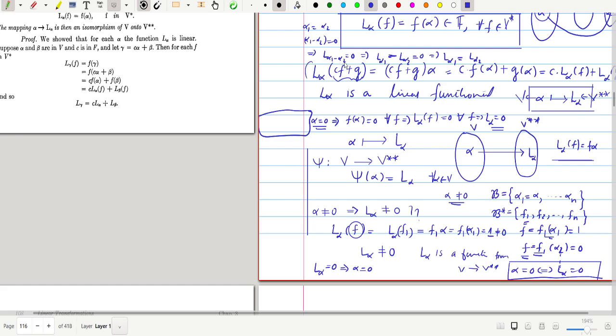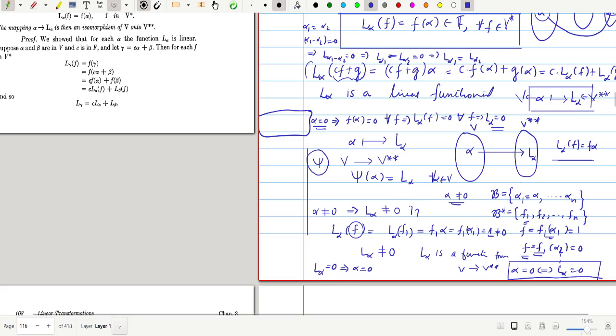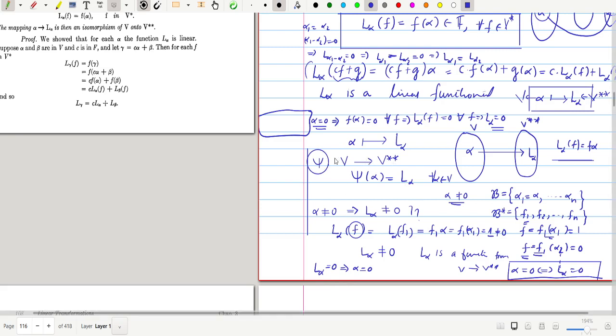Immediately we will prove this identity. Whenever L alpha 1 minus L alpha 2 is equal to 0 implies L alpha 1 equals L alpha 2. So now we can consider this L alpha is a function from V to V double star, which is a 1-1 function using this argument. This psi is a function from V to V double star, and psi is a 1-1 function itself.